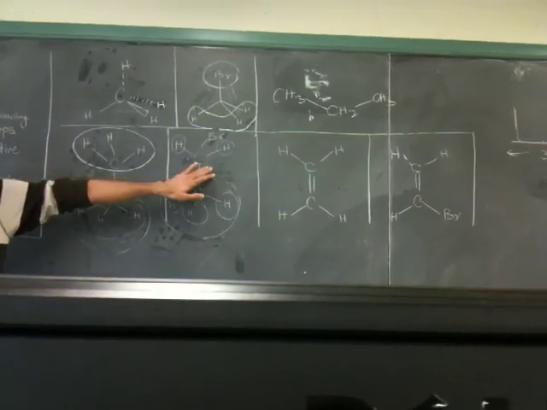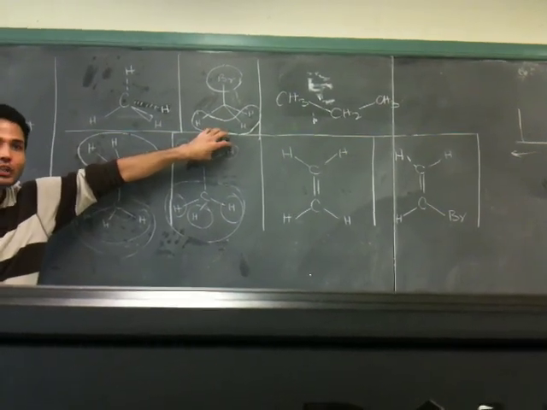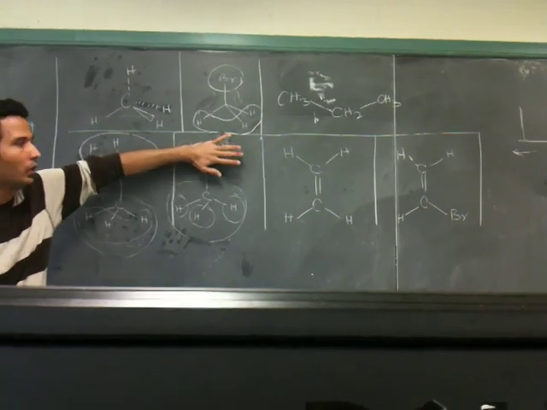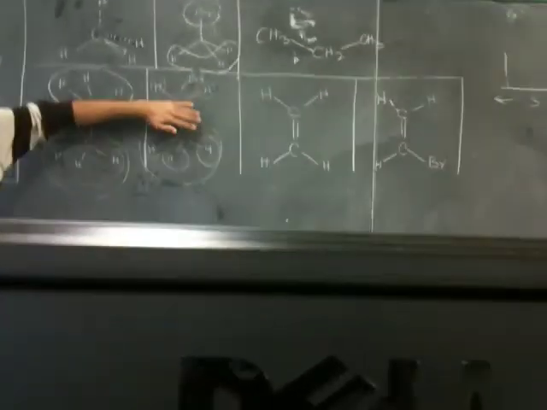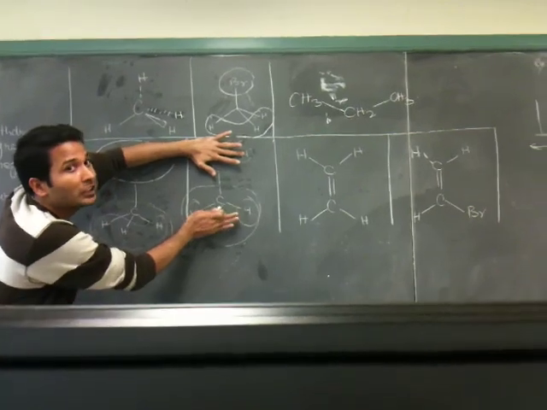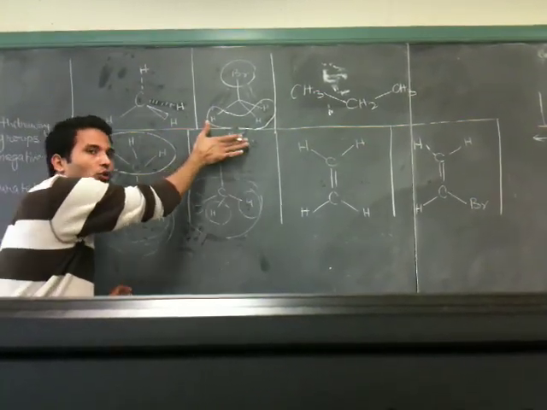Now in this example you can see that since this atom is different, this one is putting some force on this one, and as a whole this center, this set of protons, will put some force on this one. The force because of these two on these three will be the same. The force because of these three on these two will be the same.